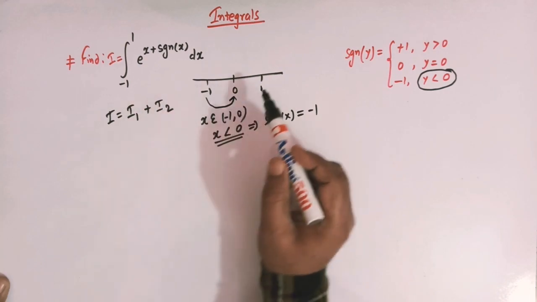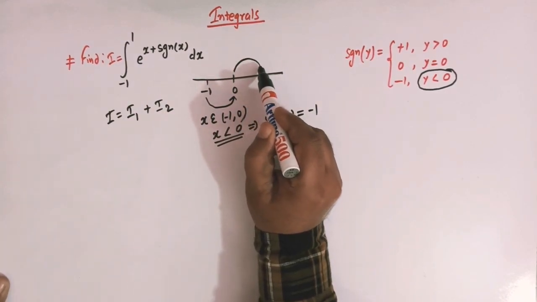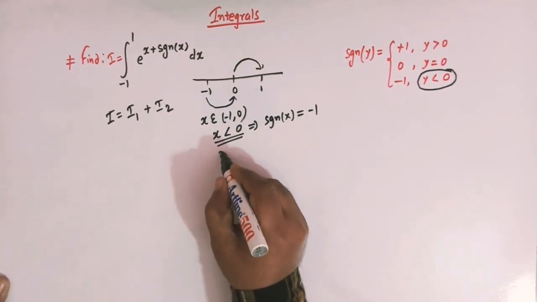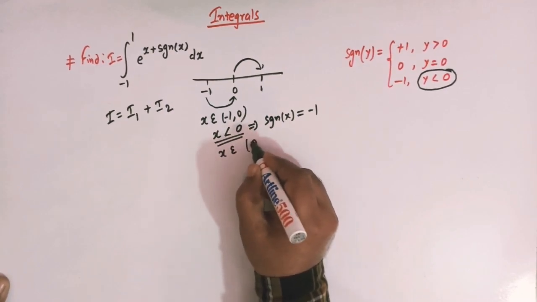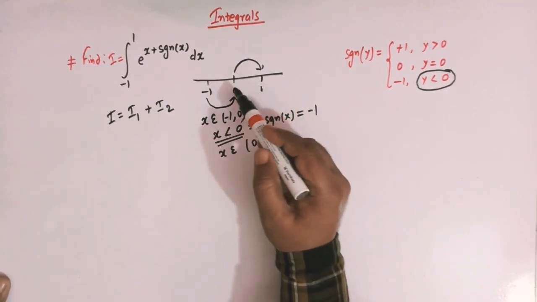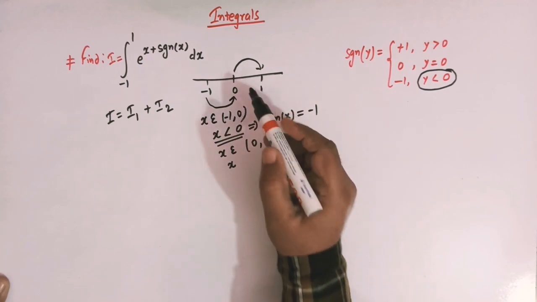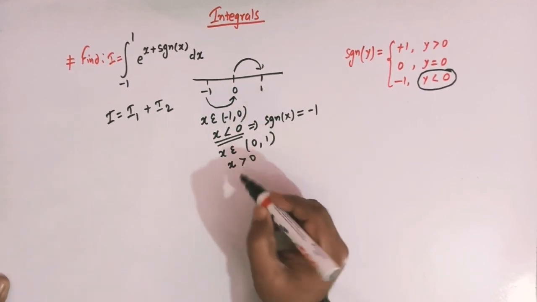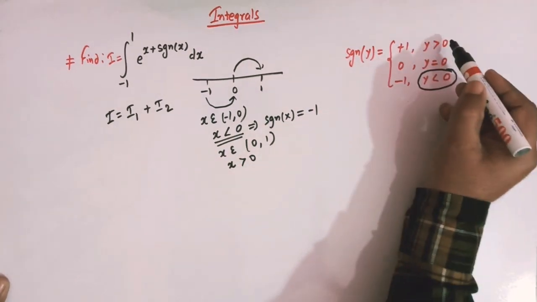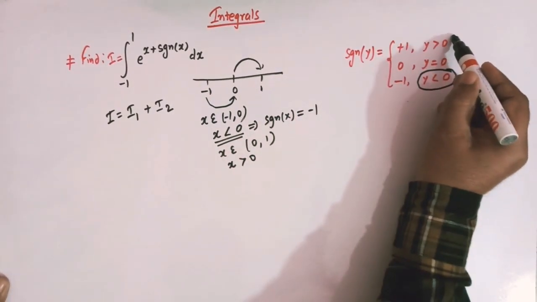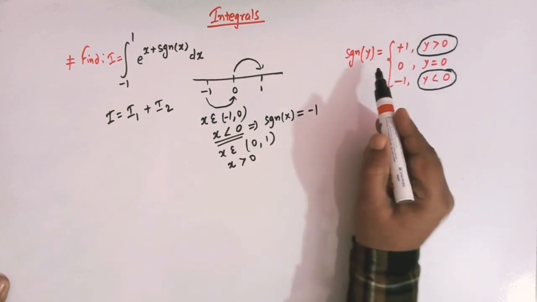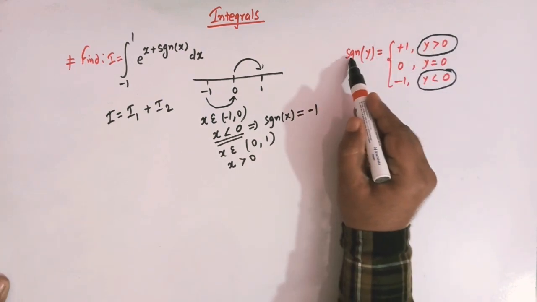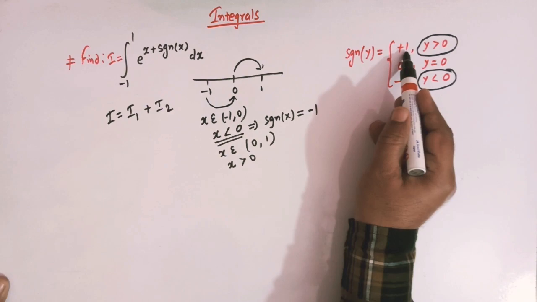In the second integral, when we go from 0 to 1, that is when x belongs to 0 to 1, all the values of x in the interval 0 to 1 are greater than 0. In that case we take the definition y greater than 0, so signum of y takes the value +1.